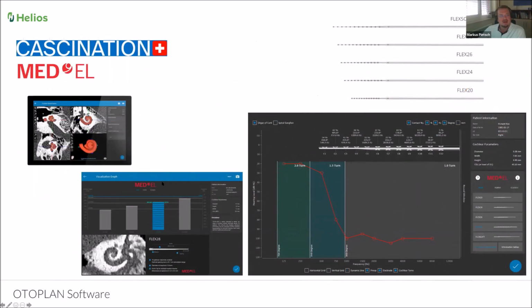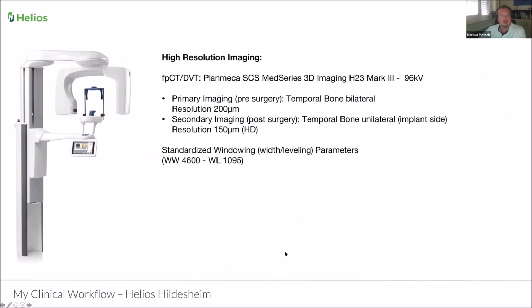We will see. So the AutoPlan software has been shown in detail by Kristen already, so I will just add a few things. Here in our clinic, we use high resolution imaging, flat panel volume CT for preoperative and postoperative measurements. And we have the possibility to scan with a very high resolution of 150 micrometers.